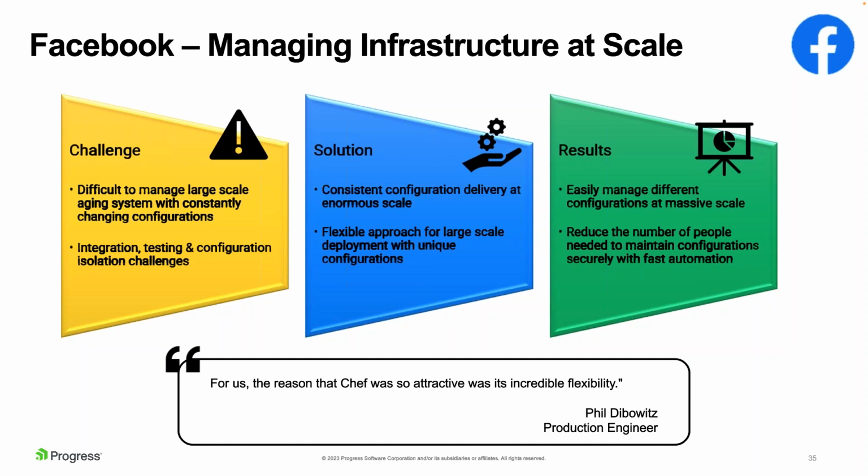Chef is platform agnostic by design, so that meant it was easier to manage huge volumes of different configurations across a variety of systems. And last, Chef provided a secure and fast way of automation. So that meant there was a reduction in the number of people required to maintain those configurations.